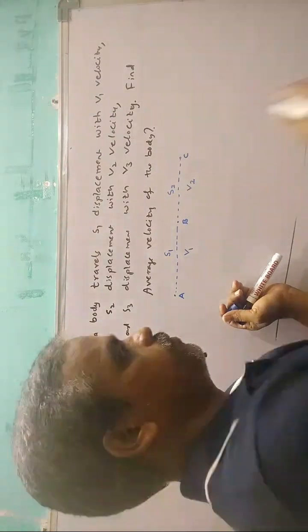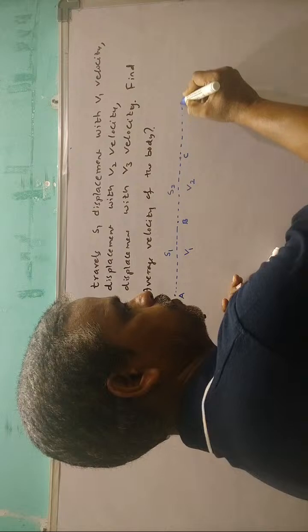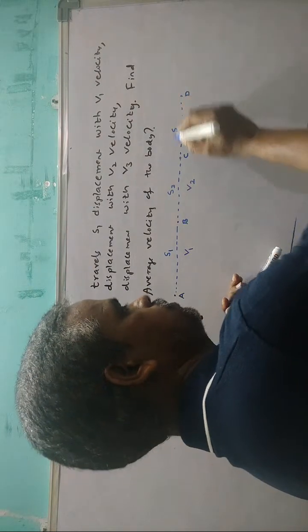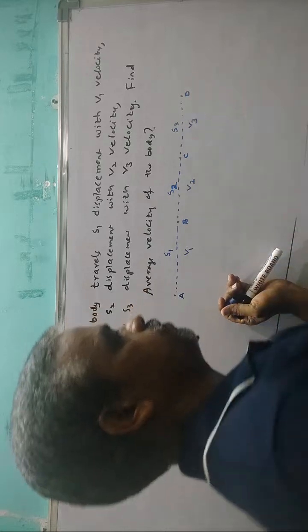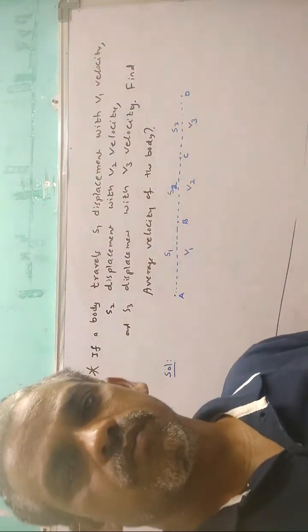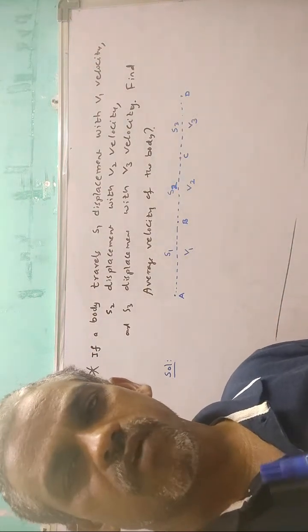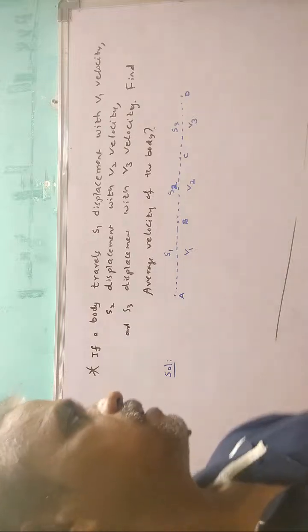Is it okay? Next, s2 displacement, here s3 with velocity v3. So this is the situation in the question. We have to calculate average velocity. How do we calculate?